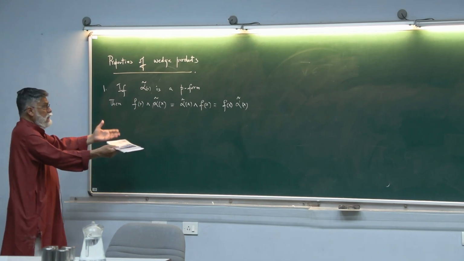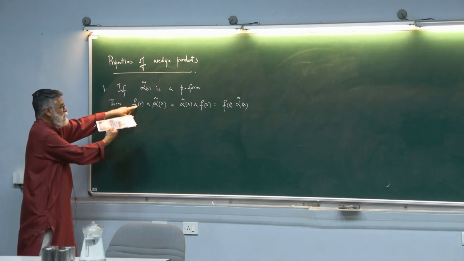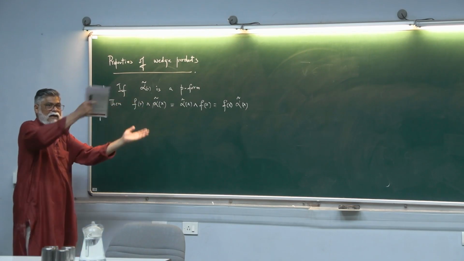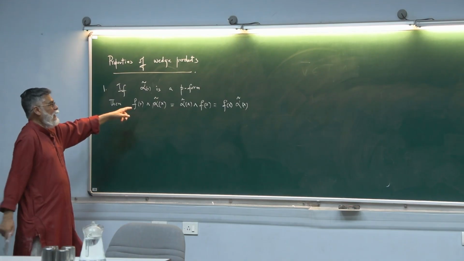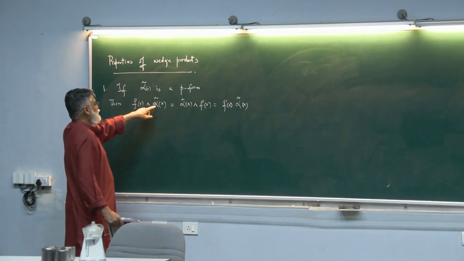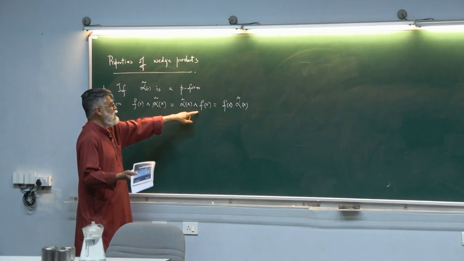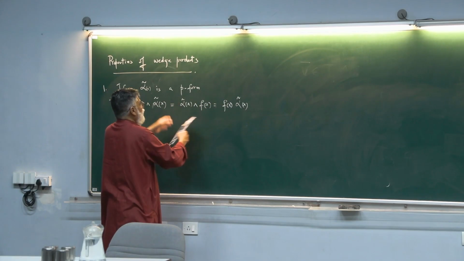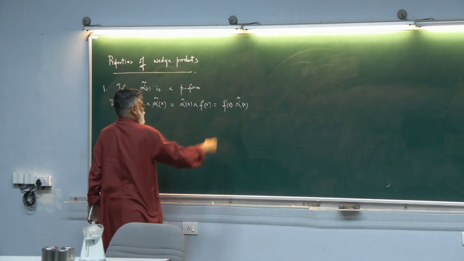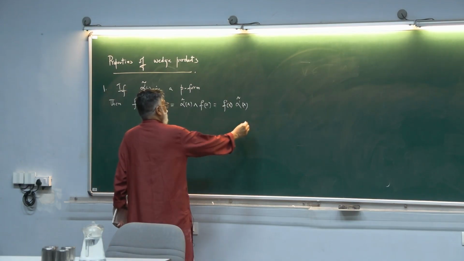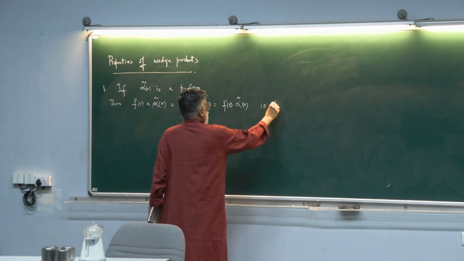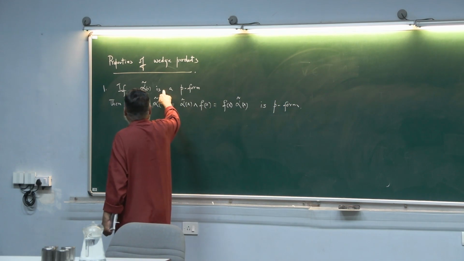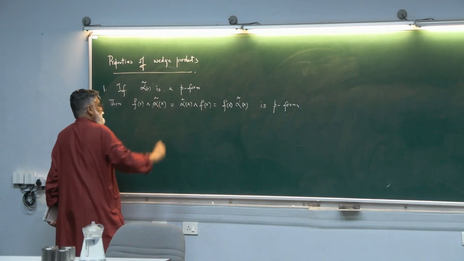And because f of x doesn't have a dx with it, while alpha will have dx, it doesn't matter how you write it. Hence f of x alpha of x, where f of x is just a function, they simply commute, and hence you can just write it as f of x alpha of x, and this is a p form. So if you multiply any function to a p form, it remains a p form.